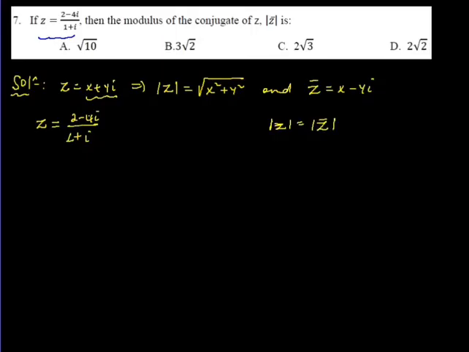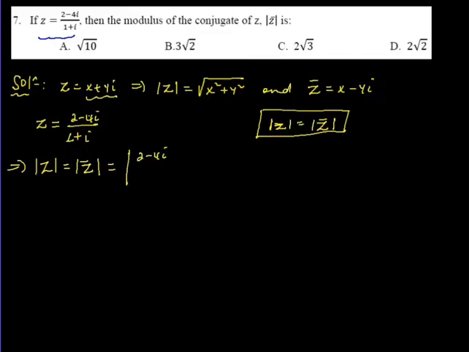This is one of the properties of modulus. So if this is true, we can simply calculate the modulus of z to determine the modulus of its conjugate, which is denoted by the modulus of 2 minus 4i over 1 plus i.